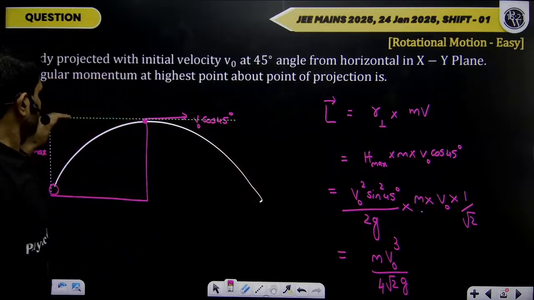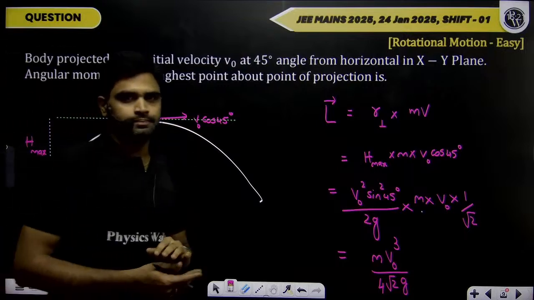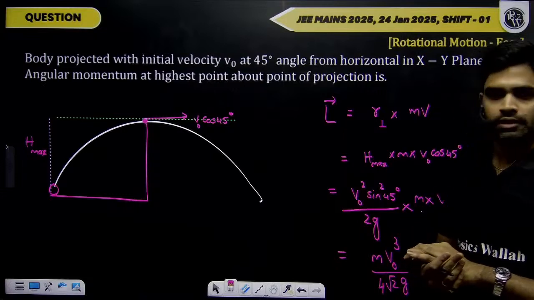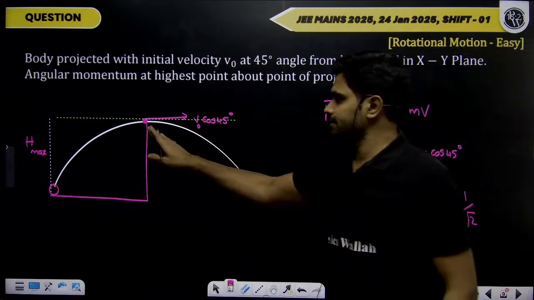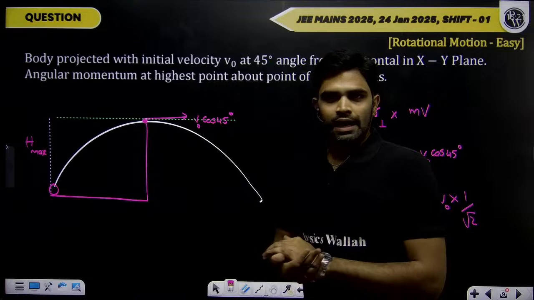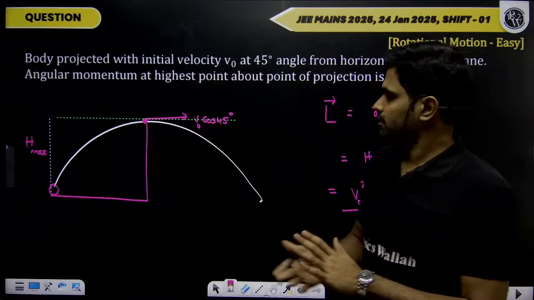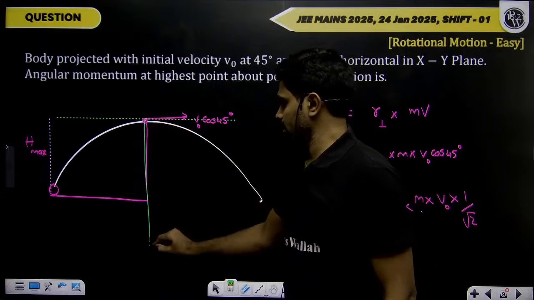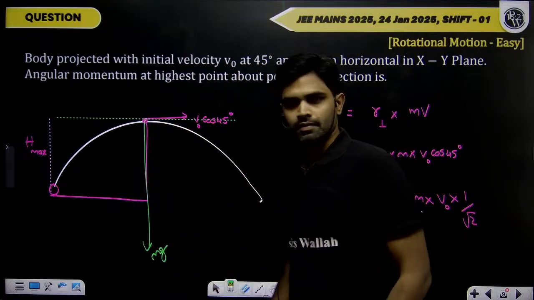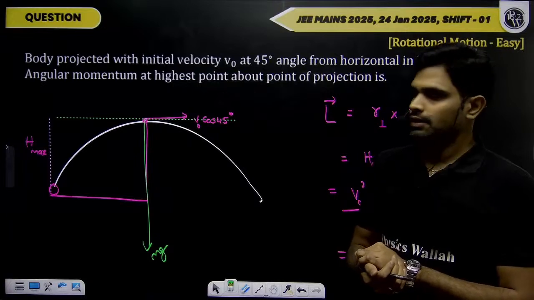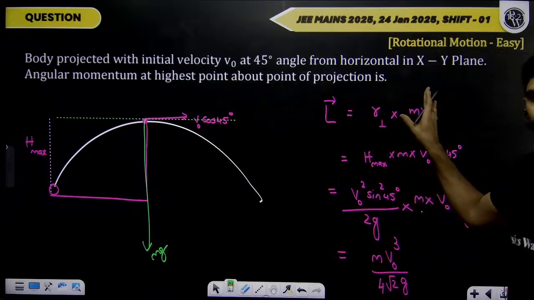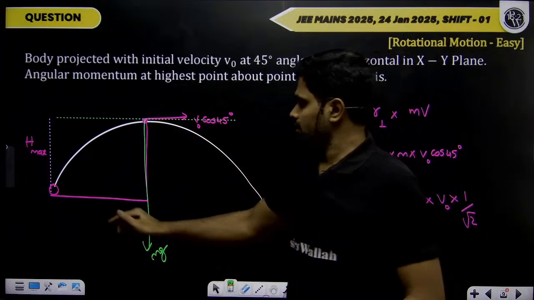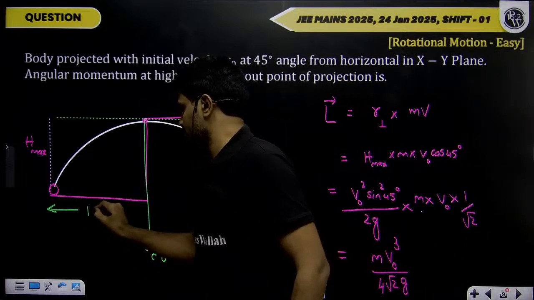Here we are finding angular momentum. The spin off for this question would be torque. Here they are asking angular momentum. They could have asked torque. If they ask torque, what is the force here? Mg. Torque is perpendicular distance into force. Force is mg and perpendicular distance is R by 2.